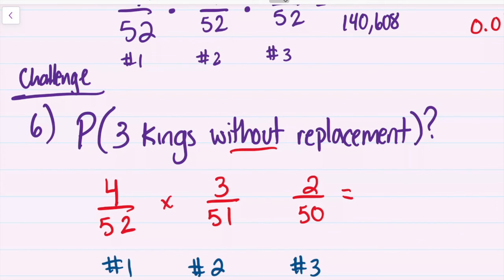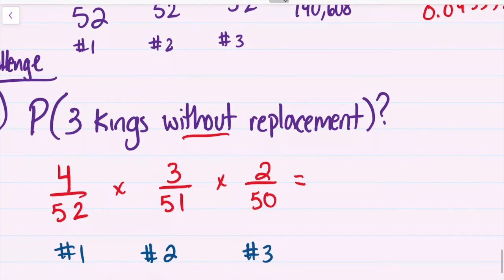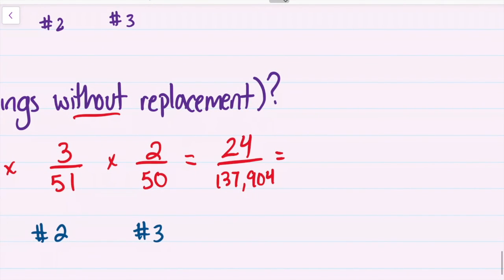Well, what's going to happen if you were to multiply these and figure it out? What's 4 times 3 times 2? That would be 24. Out of 52 times 51 times 50, that's 137,904. Now, let's see how this is going to look as a percent. Divide 24 by 137,904.